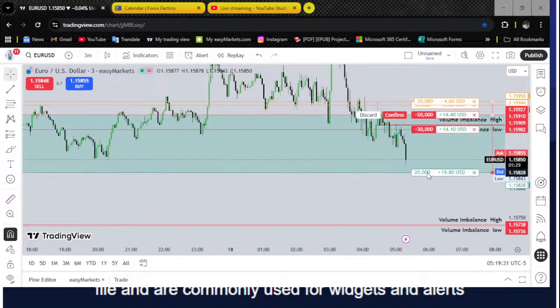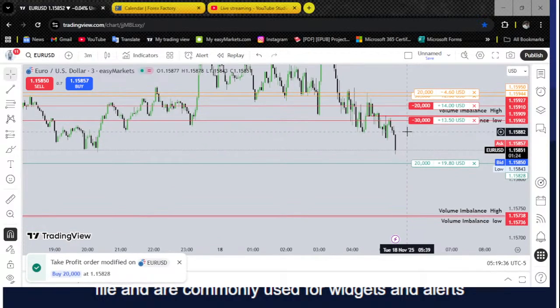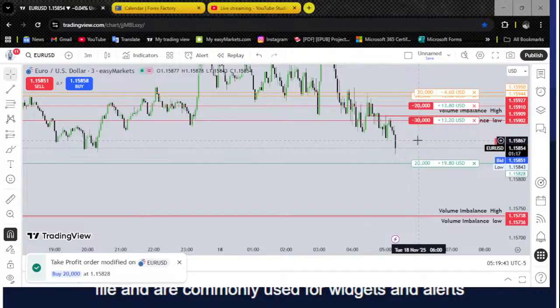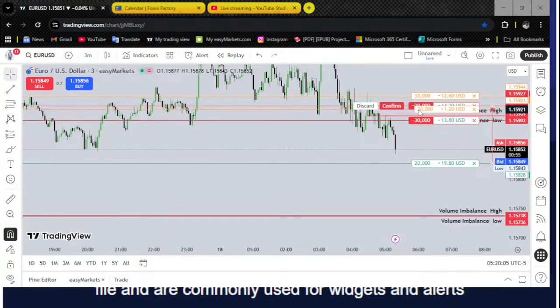Let me explain this one. A good displacement here. So we have had a very good displacement here. Now I am capable of placing my stop loss here.